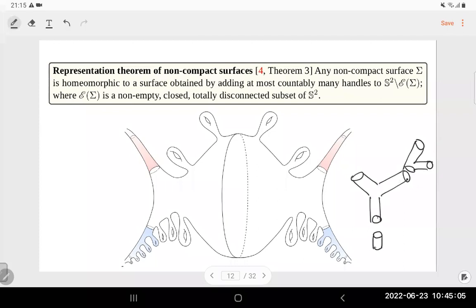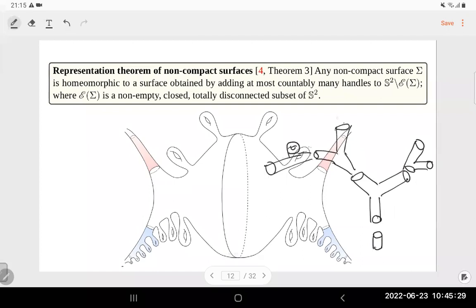So 1, 2, 3, and again here another pair of pants. Now it has 4 ends. 1, 2, 3, 4.